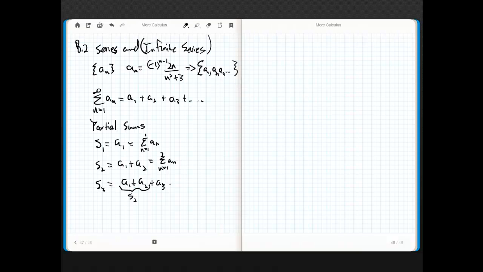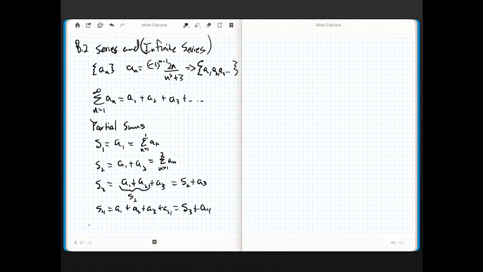So I can write s sub 3 as s sub 2 plus a3. True? S sub 4 is a1 plus a2 plus a3 plus a4, which is equal to s sub 3 plus a4, isn't it? So it's kind of an iterative process.